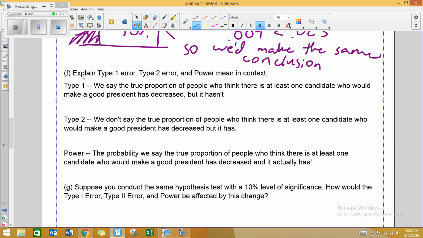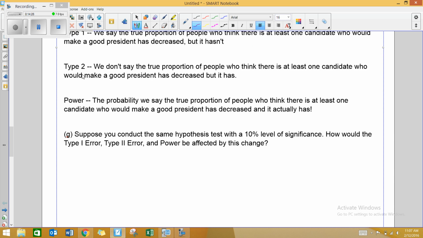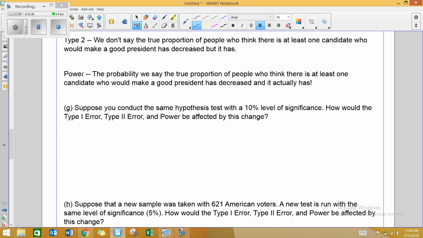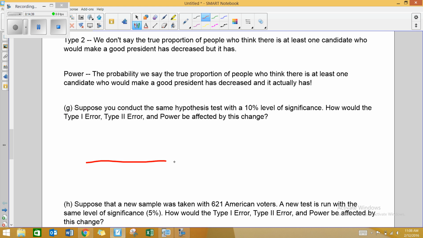All right, suppose you conduct the same hypothesis test with a 10% significance level. How would the type 1, type 2, and power be affected? So if we're thinking about increasing our alpha, I had an alpha of 5% from my original hypothesis test.